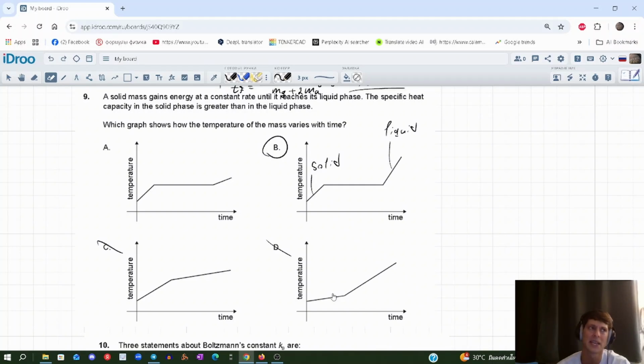If specific heat capacity is greater, it means it's harder to change the temperature of this body. So it means that the graph has to be less steep. And we can see it in option B. Here it's less steep than here. And you cannot say the same about this, right? So it's option B for sure.